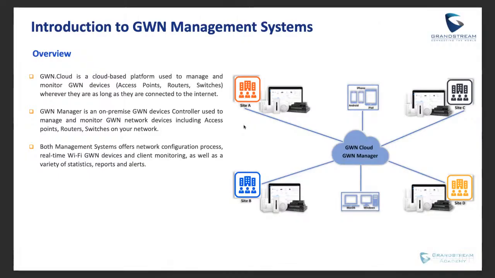Like if your client says, hey, we wanted to do this or limit that, you don't have to go to the site and connect your computer directly to the network. You can do it all the way from your office or your home. Or if you're traveling, like on a business trip, and they're calling you back home because they need help with some configuration, you don't need to go there directly.